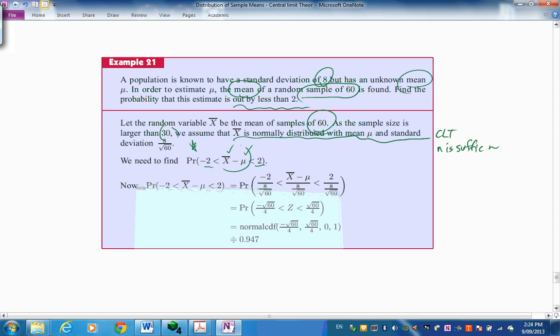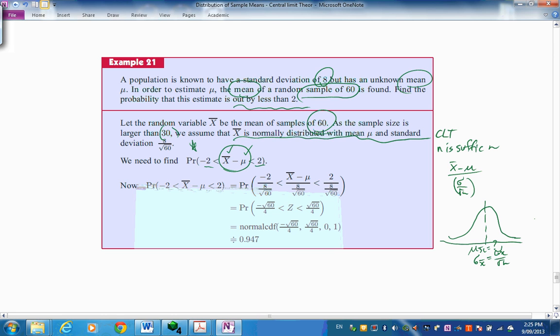So that's a clue. Our difference makes us think, oh, we don't have a mu, so we're going to divide by sigma on root n, because this is a z-score now for a distribution of means, isn't it? We don't know this here, but we do know the sigma of x bar is sigma x on root n. So we're going to do a z-score on this distribution with a mean of x bar unknown.